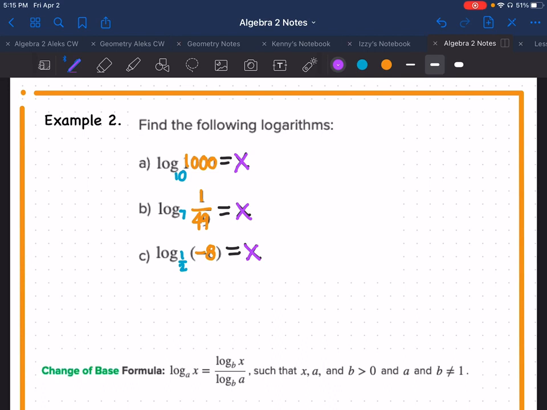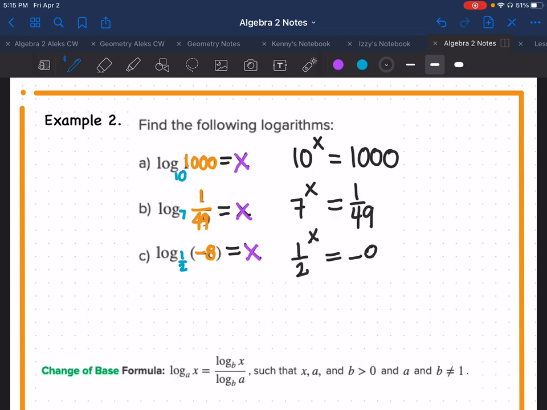So what I know from the last slide is that I can change these into the exponential forms by taking their bases, which are the blues, raising them to the x's, which are the purples, which also happen to be x, and setting them equal to the number inside the log, which would be the orange numbers. So I'm going to go ahead and do that. So it's blue raised to the purple equals the orange.